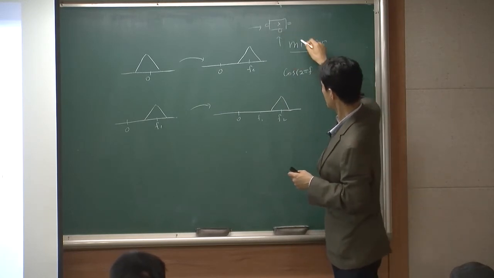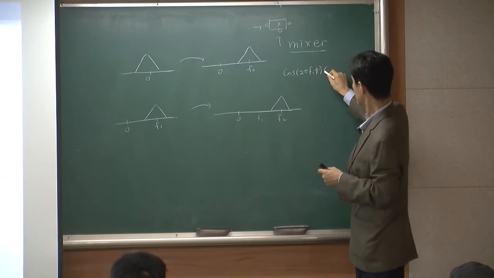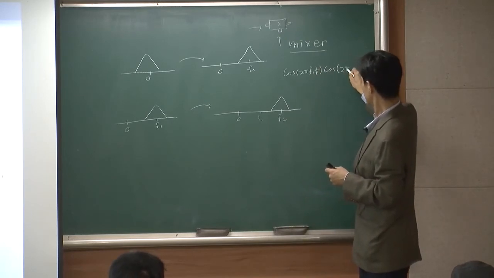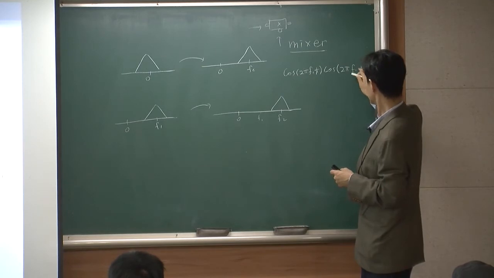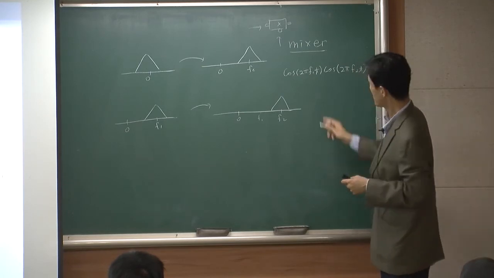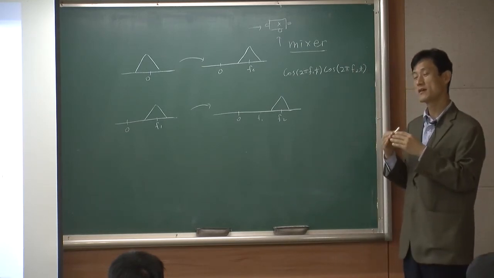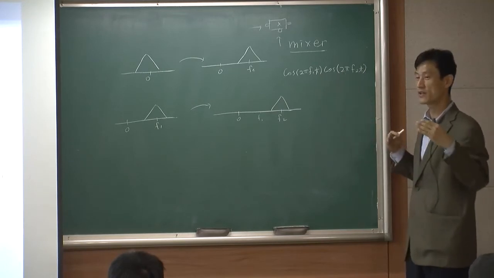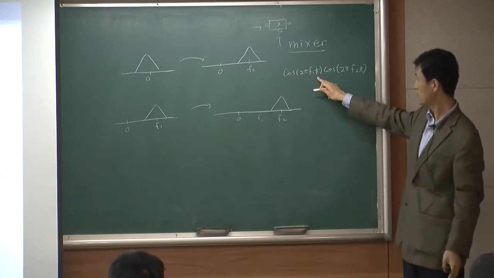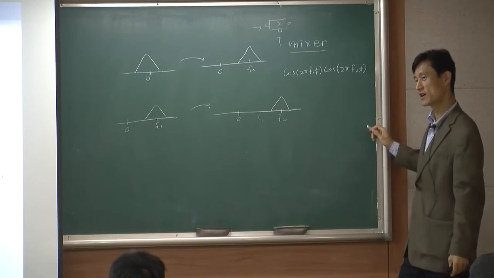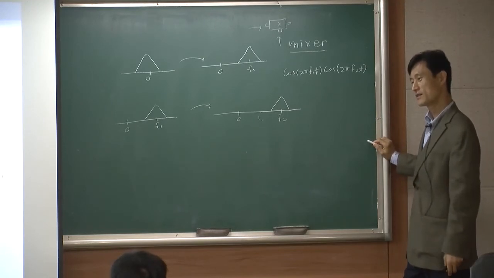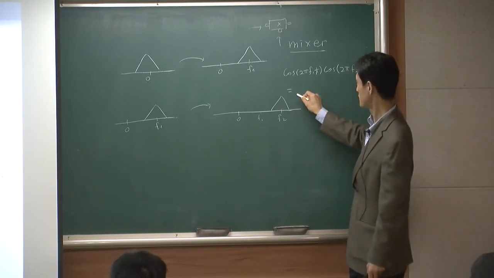Inside here, you are doing multiplication. I'm basically mixing two different frequencies, meaning you are basically multiplying two different frequencies. When you multiply two different frequencies, what's the output?